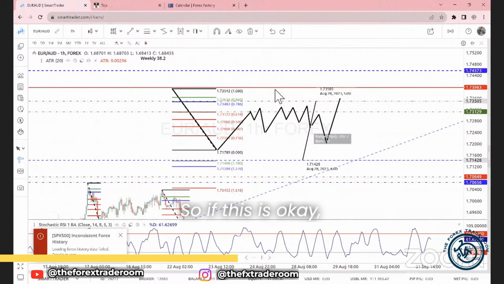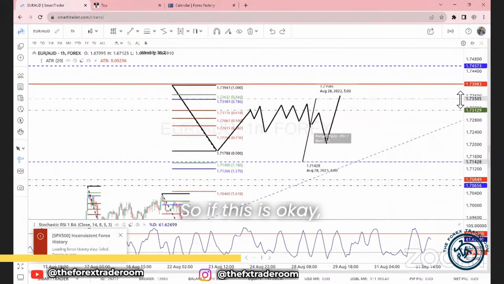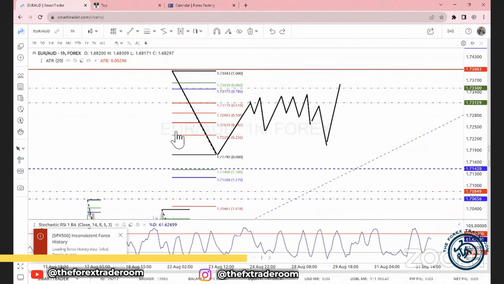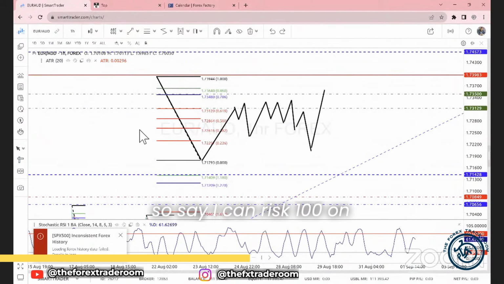See what I'm saying? So say I can risk $100 on this trade total. So if I do my risk at 1%, it says it's $100 that I can risk.